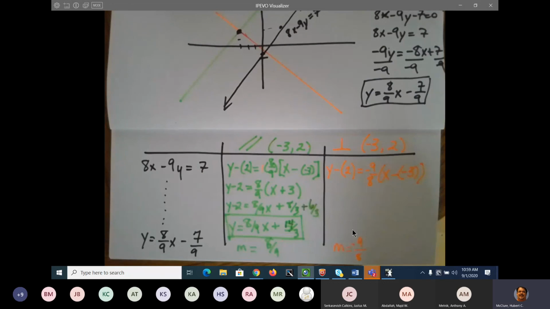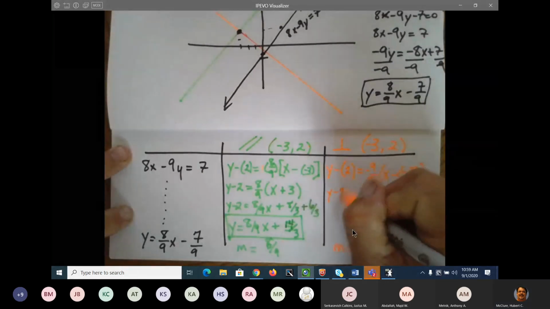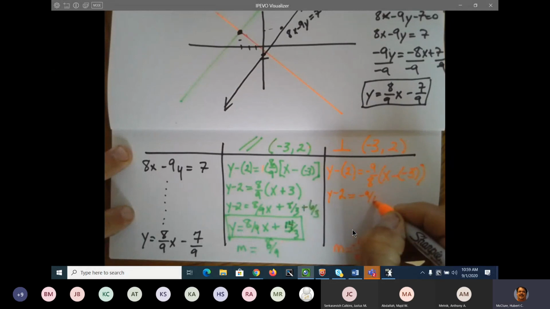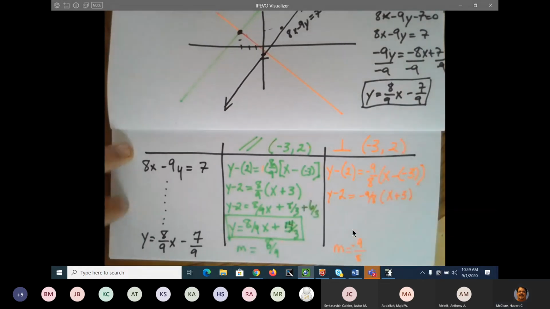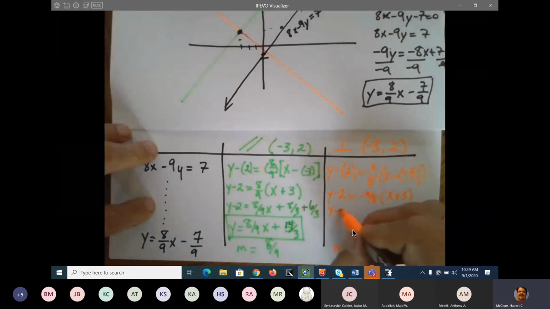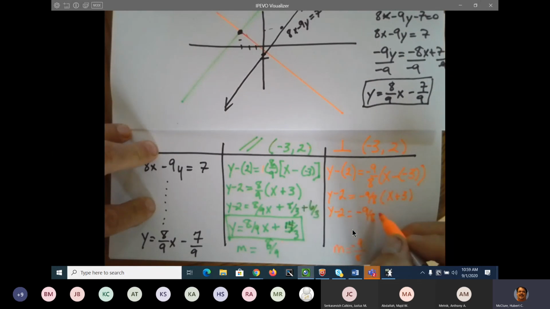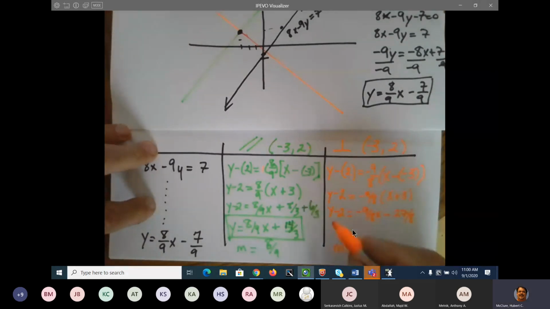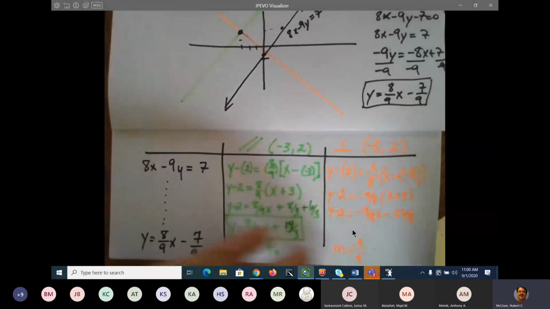And that's going to be y minus 2 is equal to -9/8 times X plus 3. And that's going to be y minus 2 is equal to negative 9/8x minus 27/8. And bring this over as 16/8.